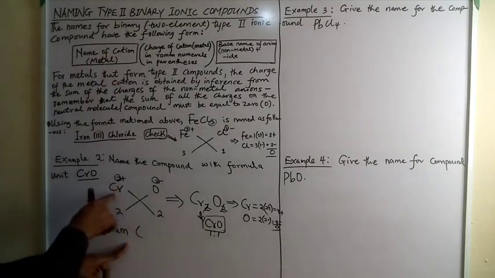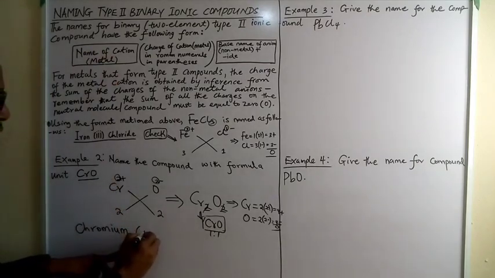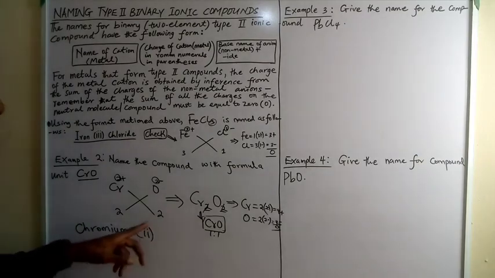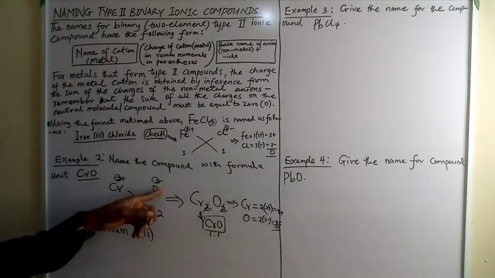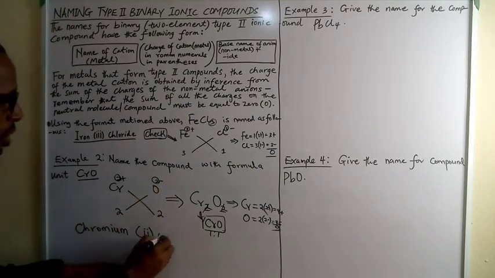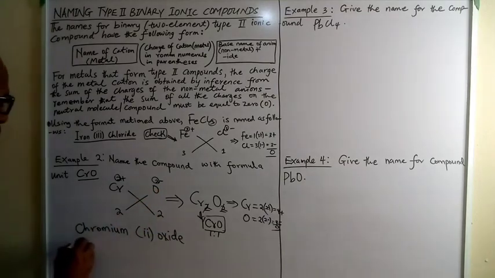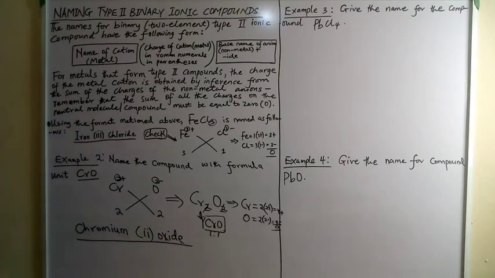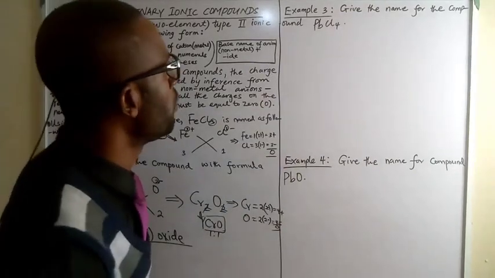What is the charge on chromium here? What is the oxidation state? 2. Then this is oxide. So pay attention to this. This is chromium(II) oxide. Very, very fantastic.